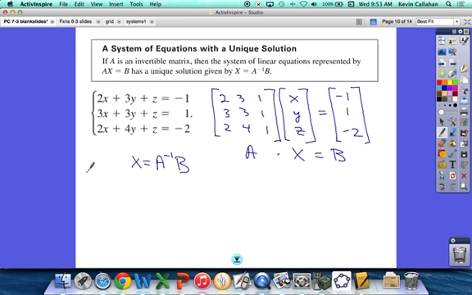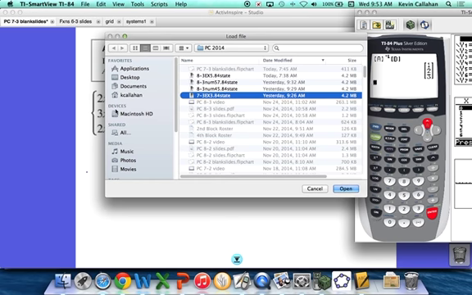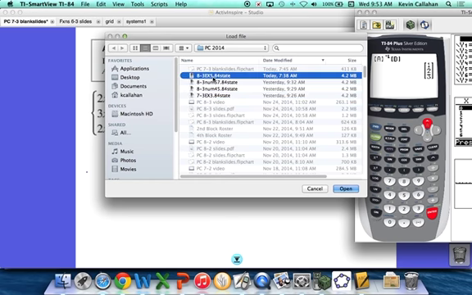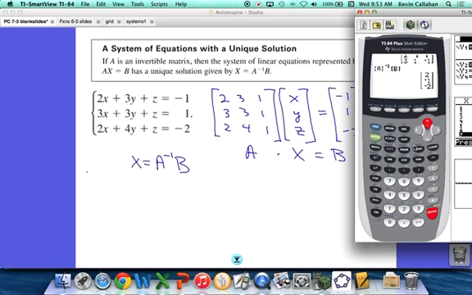If you didn't, I think I have that one loaded here too. File, load file. So let me make sure. Second, x to the -1, edit.